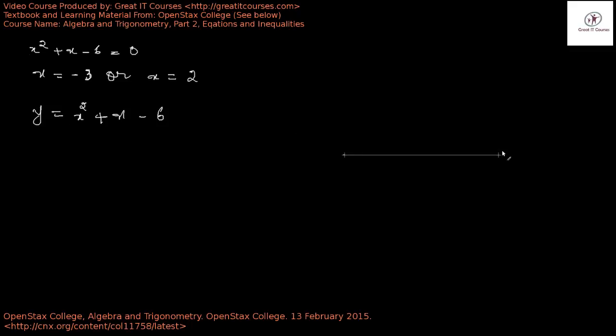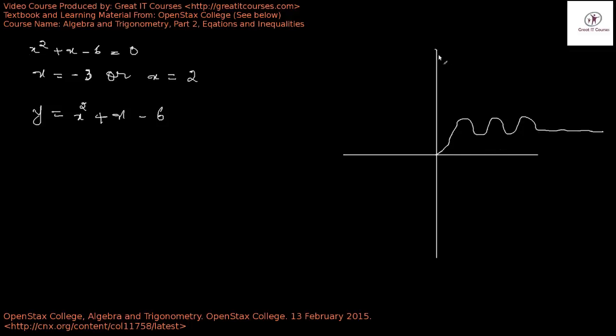For example, if you have a graph like this, and it goes on, and let's say this is your y-axis and this is your x-axis, and if y represents, for example, your speed of a car, and if x represents, for example, time, then this is the equation that created this graph.